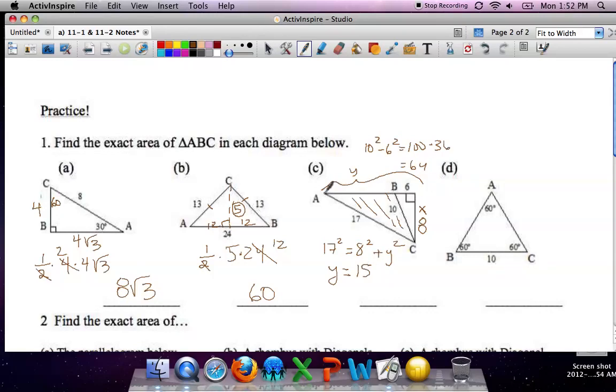We only are interested in this little part here. This part from 15 and 6, this would have to be 9 units. So to find the area of this triangle, we could do 1/2 base, which is 9, times 8, which is the height. 1/2 base times height. 36.